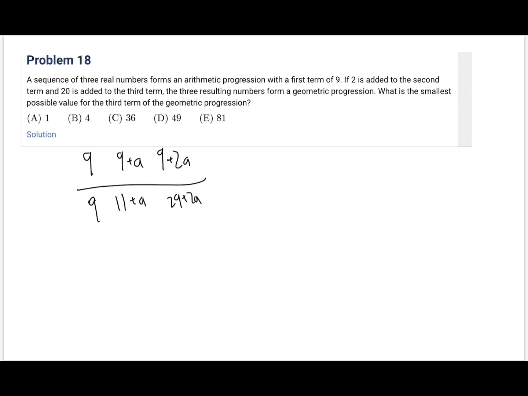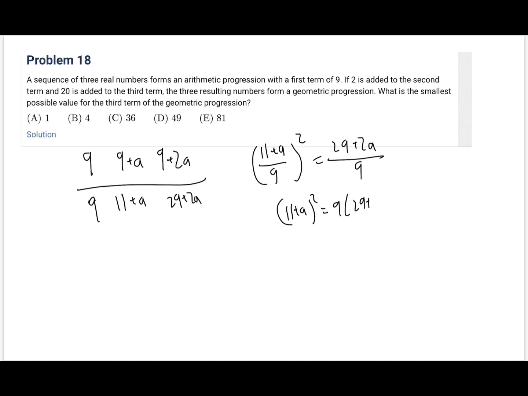So the 3 resulting numbers form a geometric progression, and so 11 plus a over 9 equals 29 plus 2a over 11 plus a. So this is 9 times 29 plus 2a equals 11 plus a squared. The 9 should have been there.